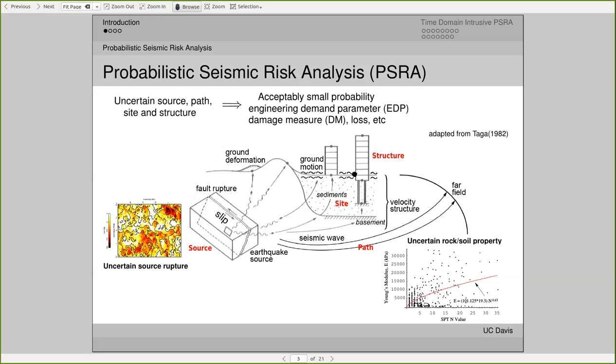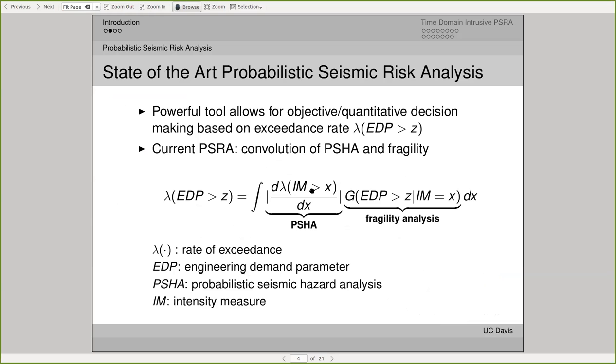Currently, the state-of-the-art framework for probabilistic seismic risk analysis consists of two parts. Number one is the probabilistic hazard part, which considers the uncertainties of the ground motion. Number two is the structural fragility analysis part, which handles the uncertainties in the structure system.